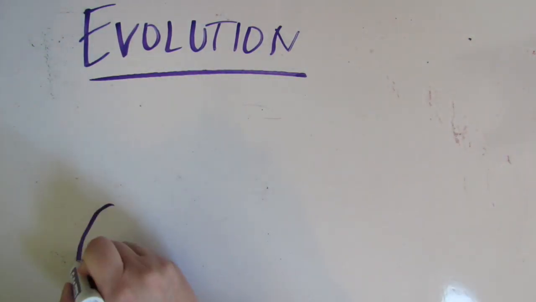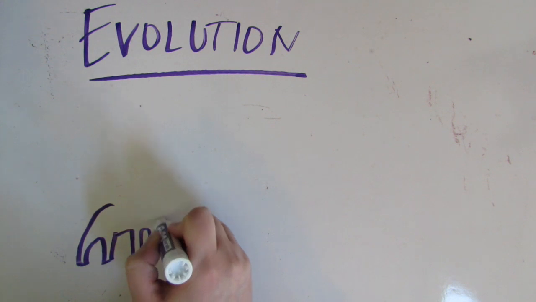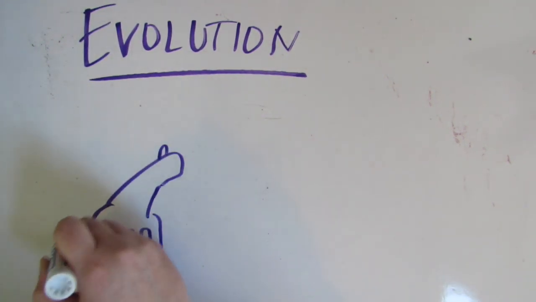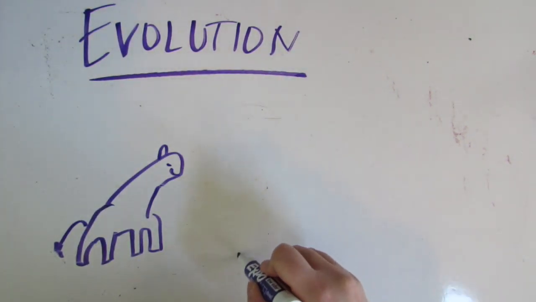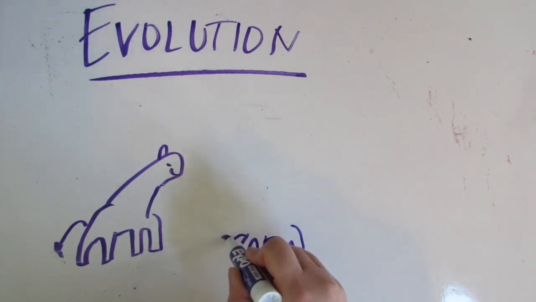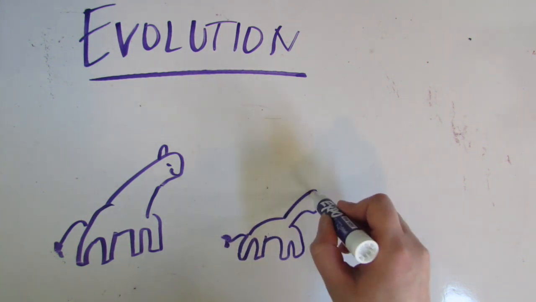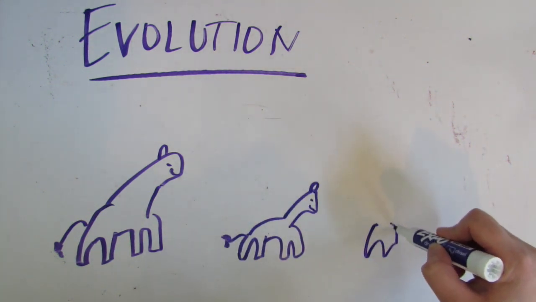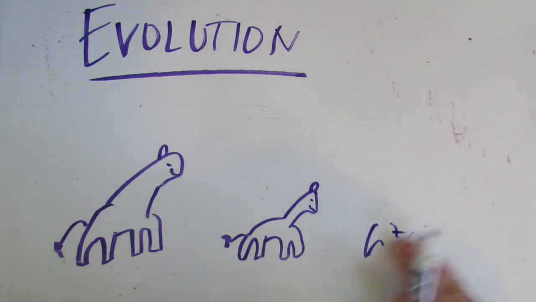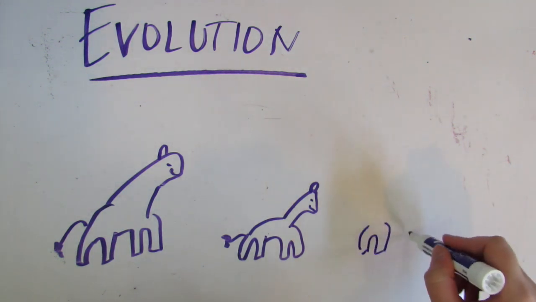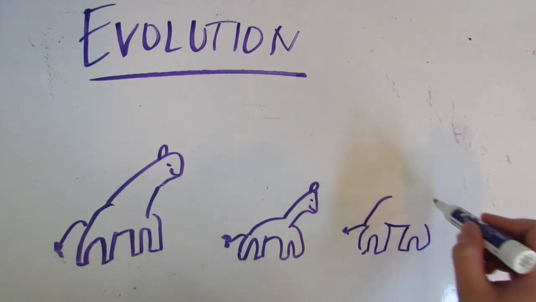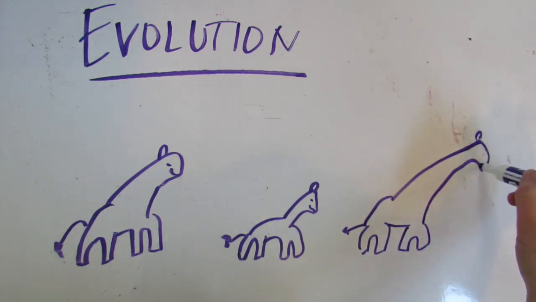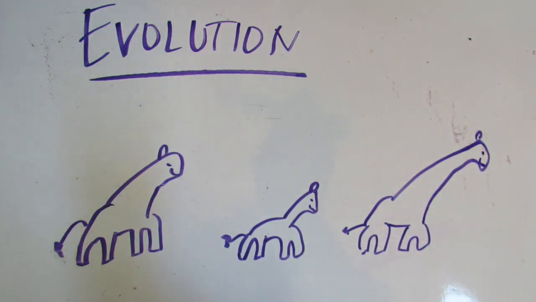So for an example of change over time, we are going to look at giraffes. If we see my very poorly drawn giraffes, we see that a long time ago, giraffes probably had different sized necks. Some were long, some were shorter, some were probably in the middle. So there was probably some variation in the neck size of the giraffe population.